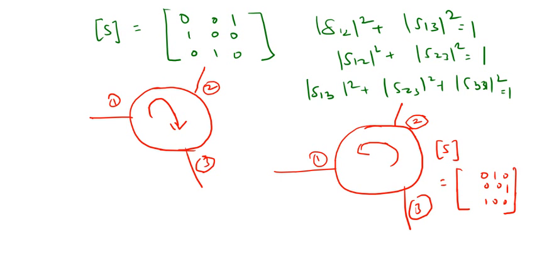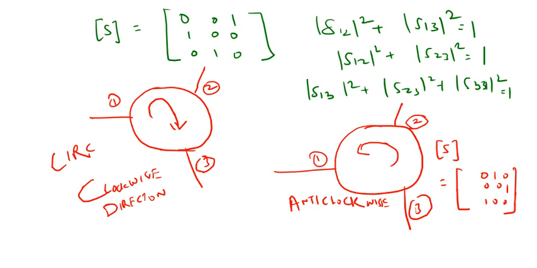So this is when anti-clockwise direction, and this is when clockwise direction. So this is the circulator when you have clockwise direction. This is the circulator when you have anti-clockwise direction. So please remember this scattering matrix.